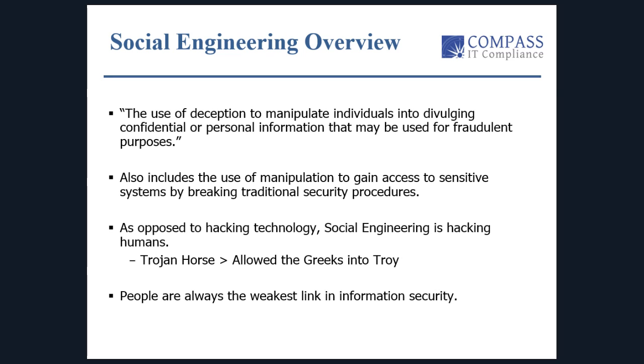Troy opened the door, dragged it in, and inside the horse were all the Greeks. They took down the whole city at that time. So people are always the weakest link within information security. It's because we're people, we think. Tools are X, Y, Z. People have feelings, emotions, so it's tougher to help control the people.